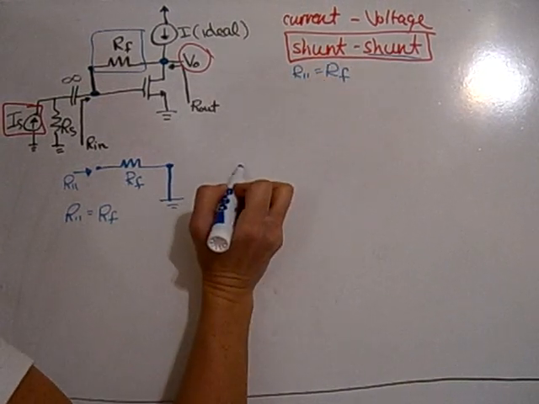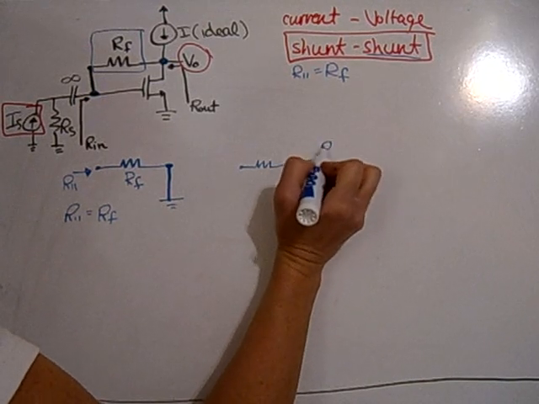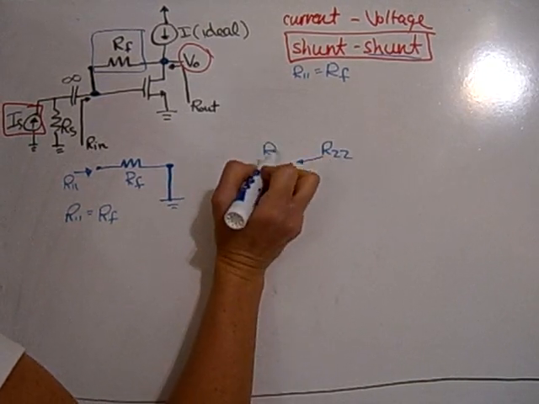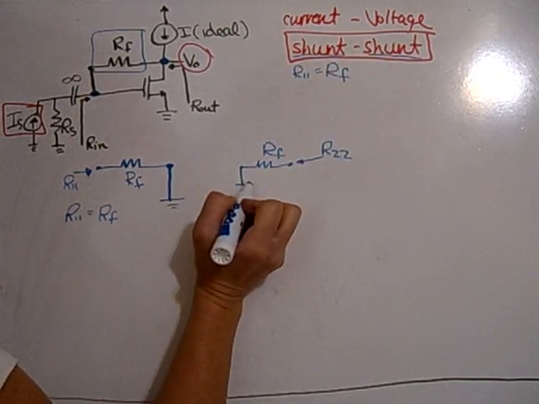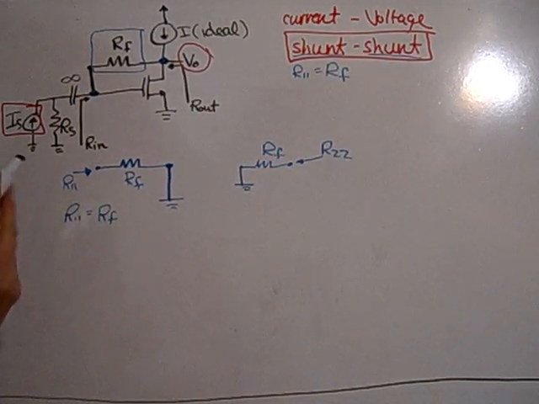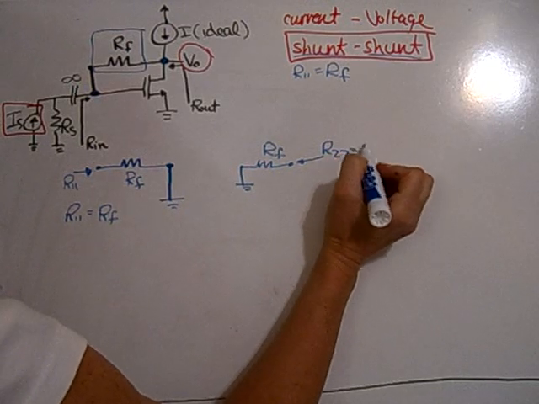For R22, again, we draw the feedback portion, and we look at this side of it. And then we refer back to the type, and it's a shunt. So again, we short a shunt and we open a series. We leave it open. So this is again going to be RF for R22.